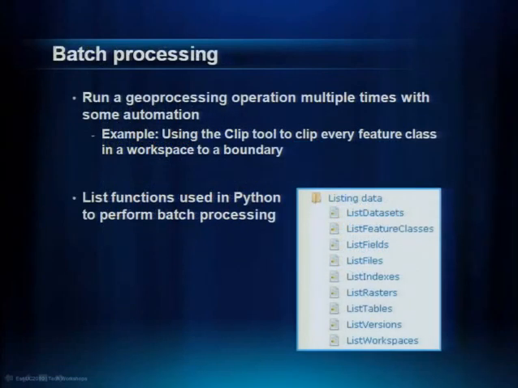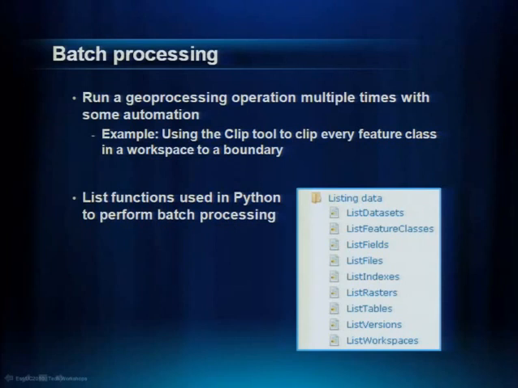So one of the most common scripting tasks is batch processing. You can think of that as just running a geoprocessing operation, whether that's a single tool or a workflow, multiple times. A simple example of this is clipping every feature class in a workspace to some common study area boundary. Now, instead of running the clip tool from the tool dialog 5 times or 10 times, once for each feature class, you can write a Python script with just a very few lines that performs this batch operation.